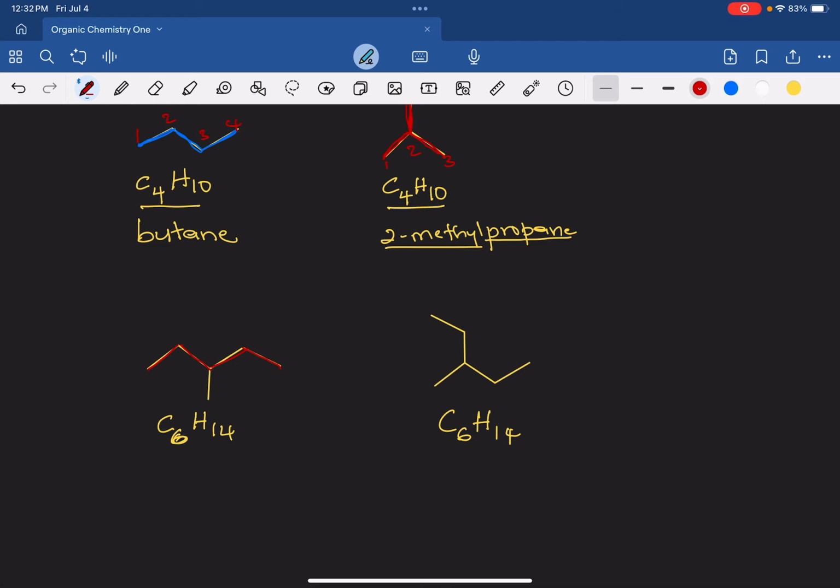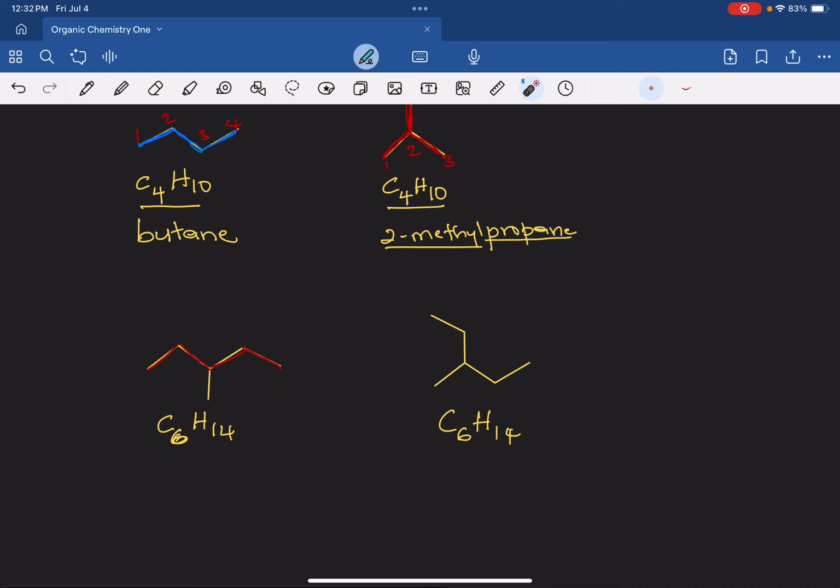So in essence, once you find your molecular formula is the same, go ahead and follow your rules for naming using your IUPAC system to see if that will help you determine if the connectivity is different, right? So the rule when you have substituents is you number from the end that gives the substituent the lowest number. So let us do that.